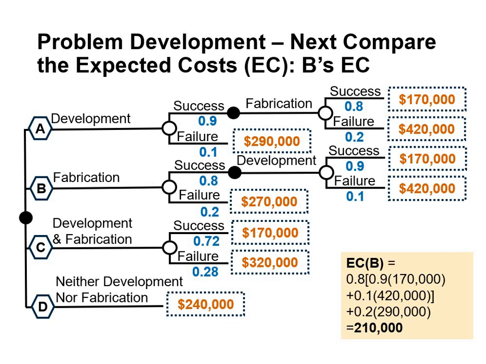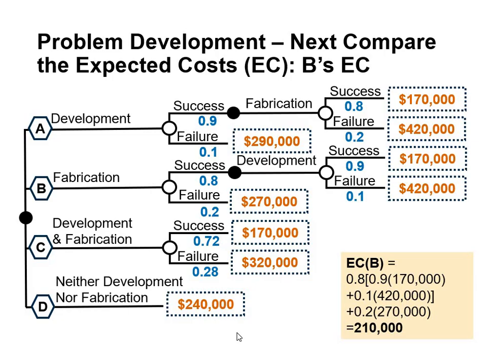So now let's move to B's expected payoff. So B, we have 0.8, and then in parentheses, the 0.9 times 170, plus the 0.1 times the 420, plus the 0.2 times the 270, and there's actually a typo. Let me quickly double check that one.